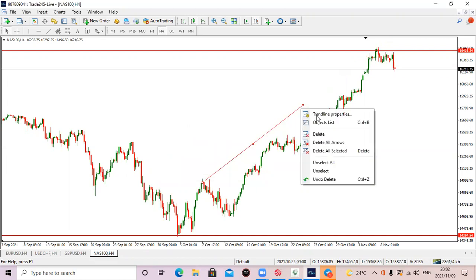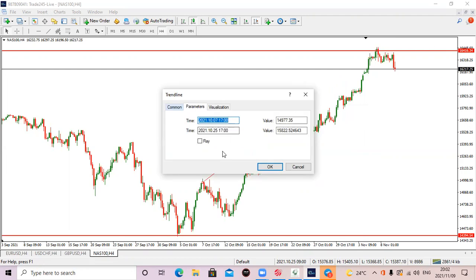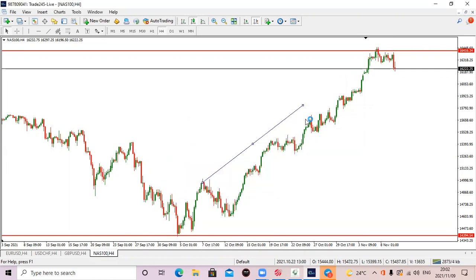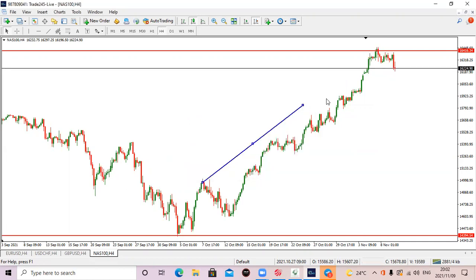I want to change the color so that you are able to see it. Okay, so that's how you mark it anyway. Sorry guys about that, my mouse.